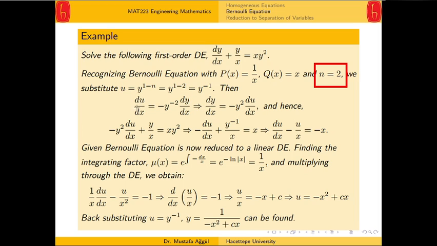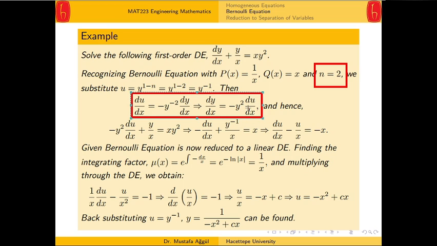This will be du/dx equals negative y to the negative 2 times dy/dx by the chain rule and the derivative of a power function. If you solve this for dy/dx, we end up with dy/dx equals negative y squared du/dx.